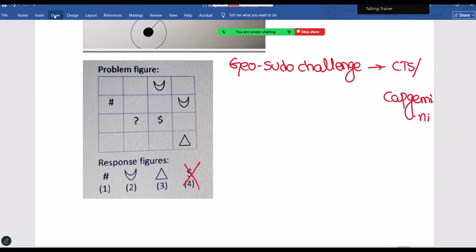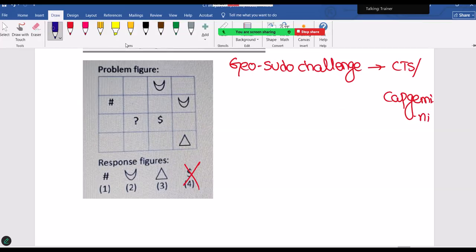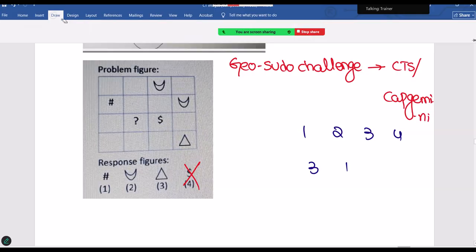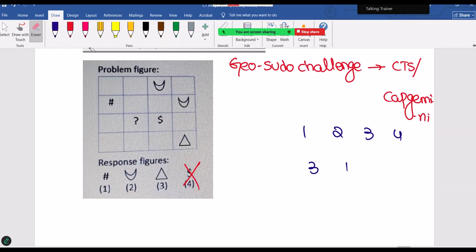It's okay, people are playing Sudoku game, right? Let's say if it is 1 2 3 4, this is let's say 3 1 2, not correct. 3 1 4 2, because already 4 is there, it should not come. So 3 1 4 2.